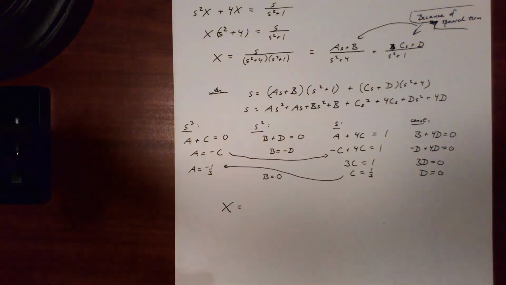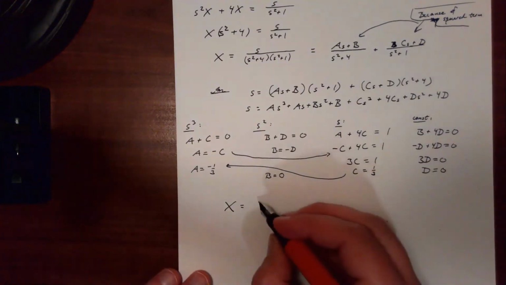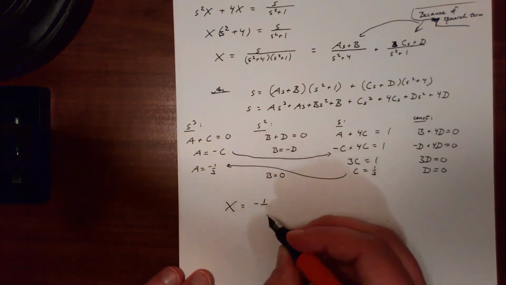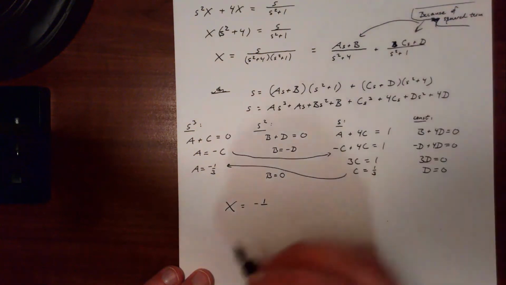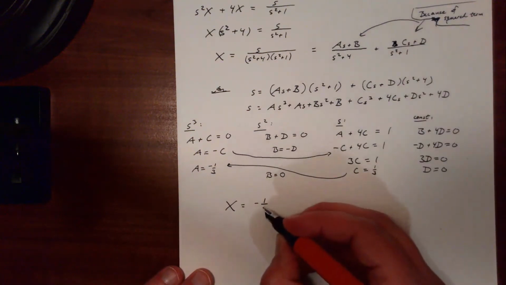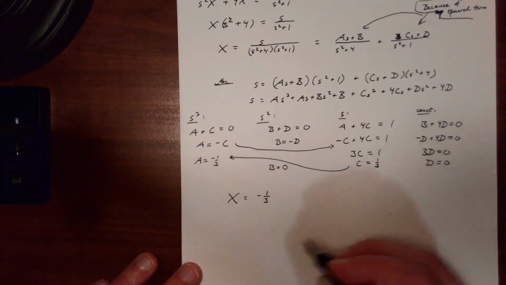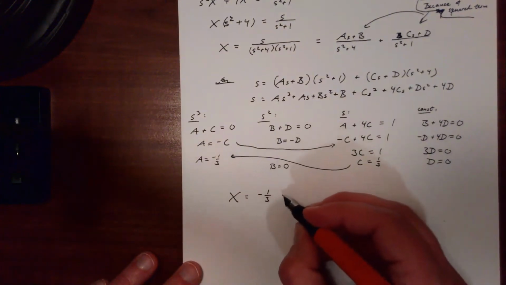Sorry, just like last time I did this example, I had the roles of A and B switched with C and D, and I had A and B over the s squared plus 1. So I was just making sure that the discrepancy was accounted for by that.